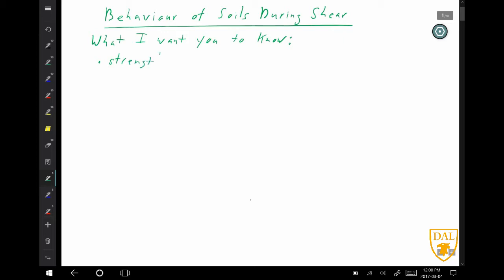Strength parameters: what measures we use to define the strength of the soil in shear. Volume change during shear, and associated with that is pore pressure change during shear.